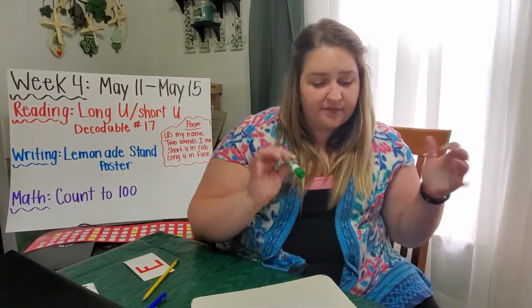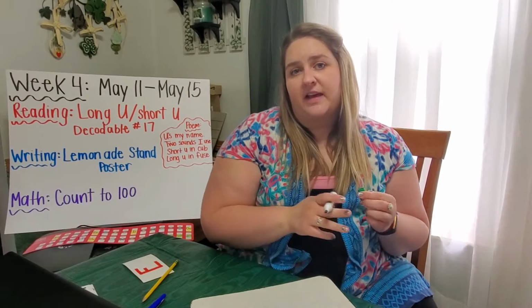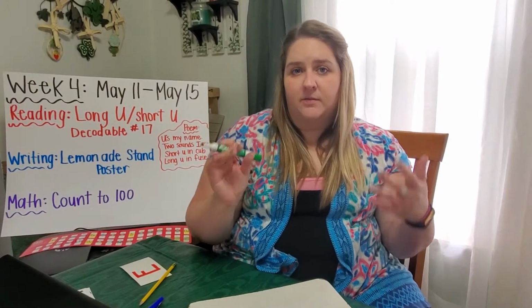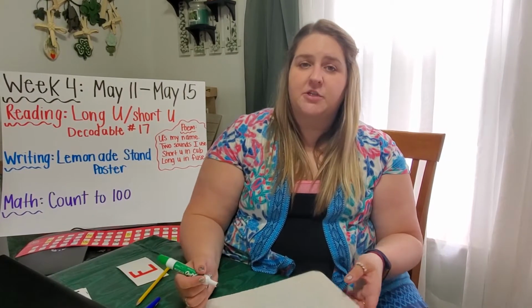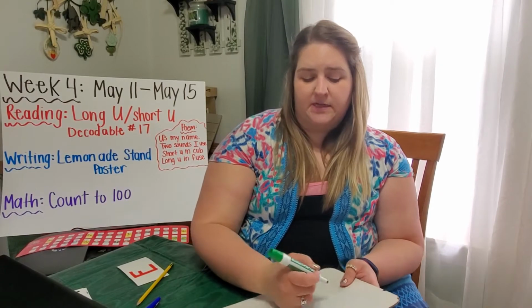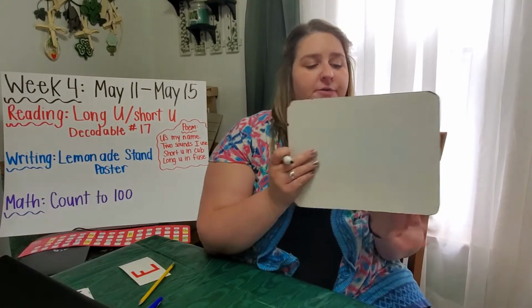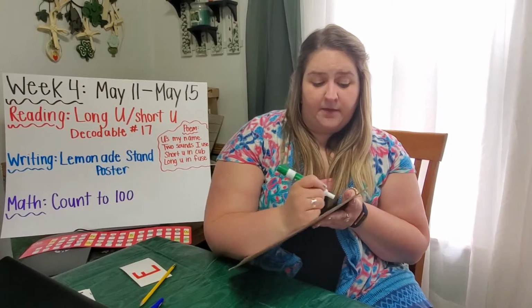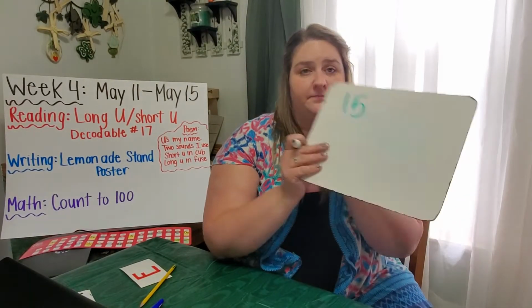I very briefly want to just touch on math concepts from last week too. Last week we talked about place value, so the teen numbers, and talking about 10 and some ones to talk about a teen number. So what I'm going to do is I'm just going to name a teen number. So I'm just going to say 15.